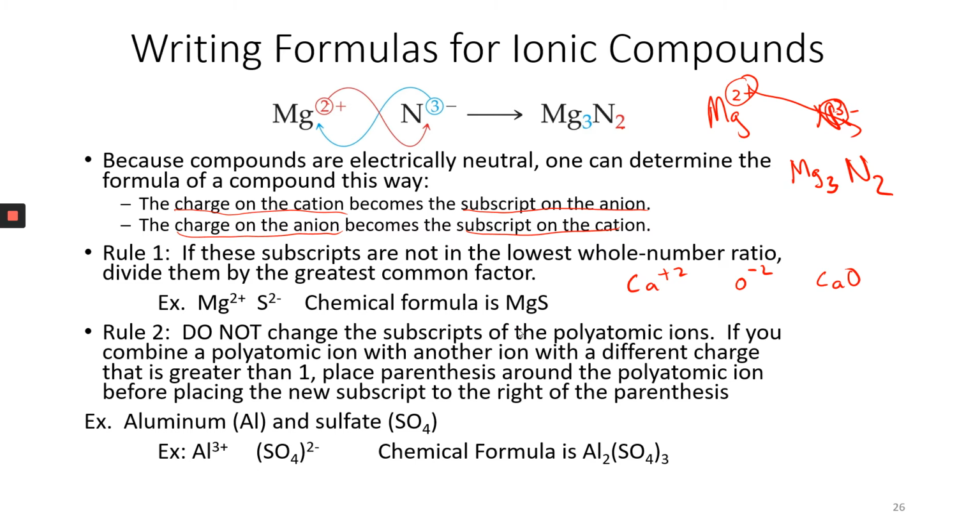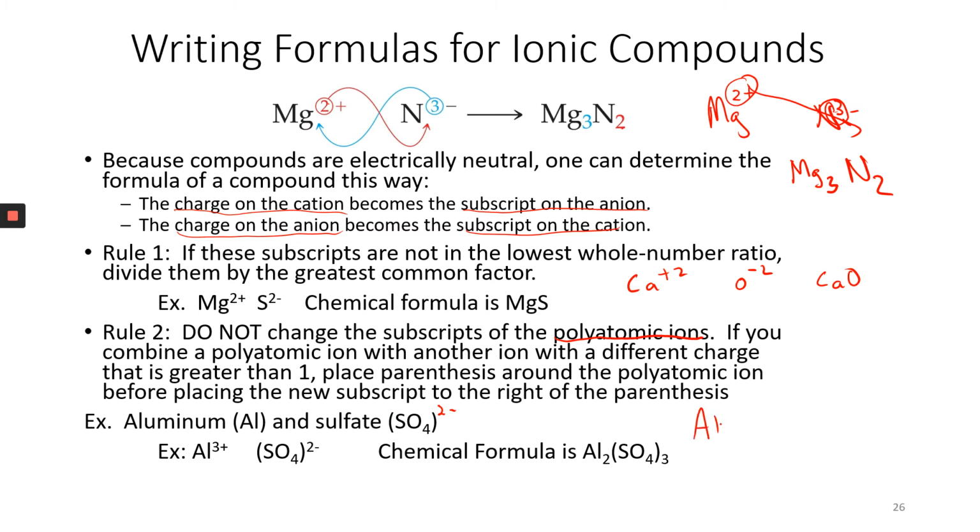What if you have something called a polyatomic ion? A polyatomic ion is a group of elements that are bonded covalently together, but they act as an ion. So in this case, you have aluminum and your sulfate ion. Your sulfate ion has a -2 charge. You cannot do anything to the SO4. They're a group, they're a package deal. You can't separate them, you can't change the numbers on them. So what you do is you put parentheses around them to kind of protect them.